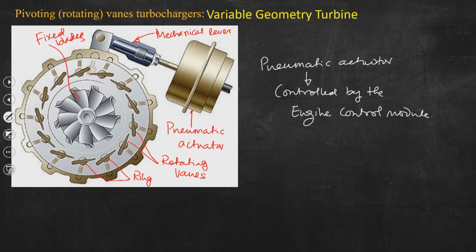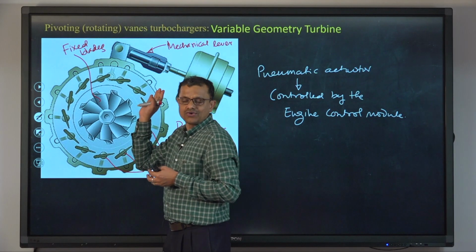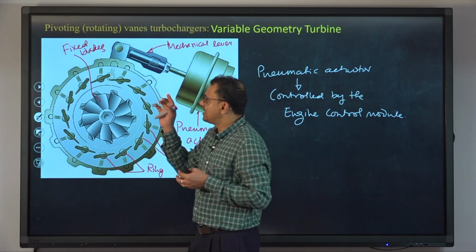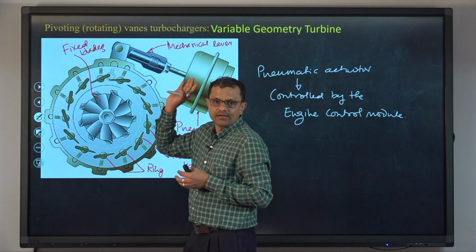Depending on the speed, this pneumatic actuator is operated. This pneumatic actuator controls the passage between two consecutive rotating blades using this mechanical lever.